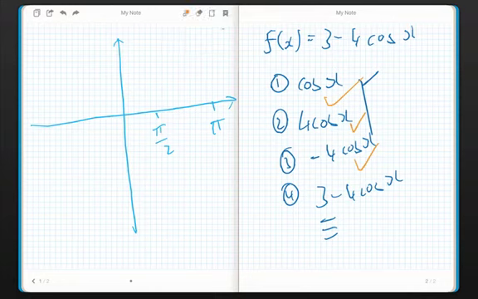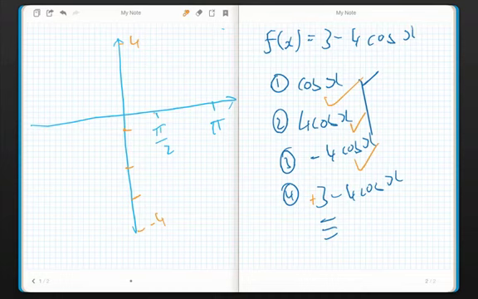Now remember our previous graph where here it's minus 4 and here it's plus 4. Our previous graph started from minus 4 and went to plus 4. This one, we have a plus 3 translator. So we want to move this up by 3. So 1, 2, 3. So this is 1 point.